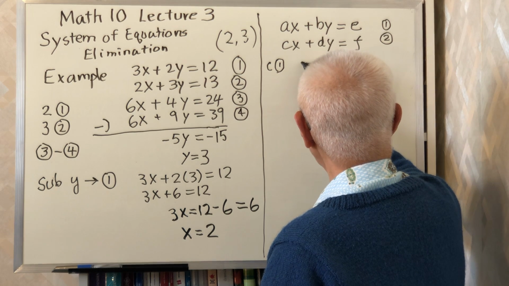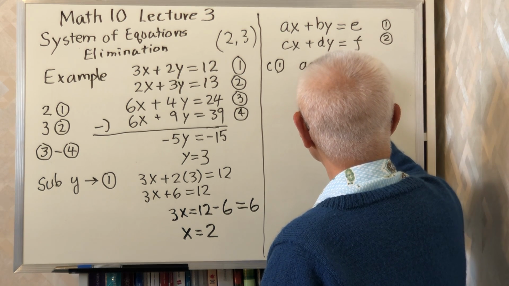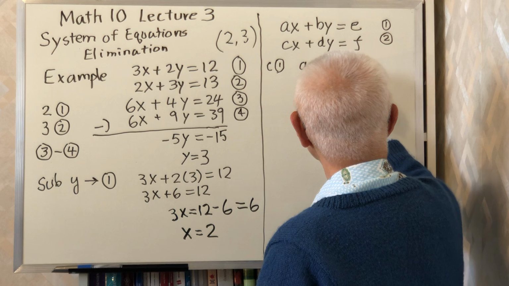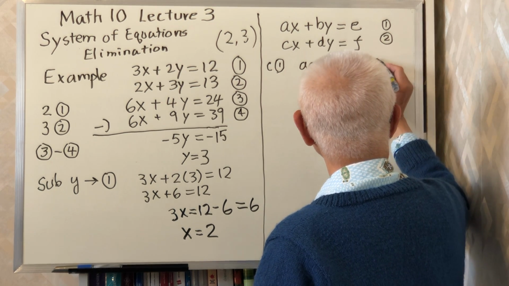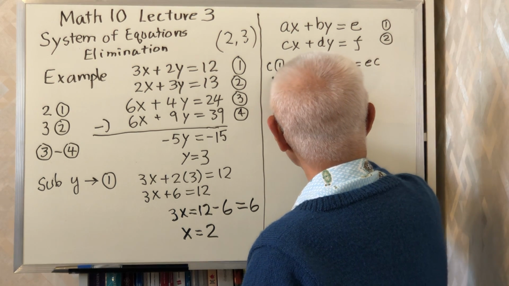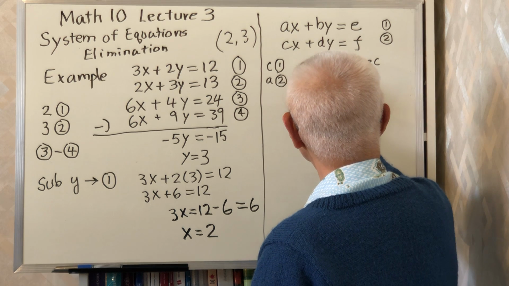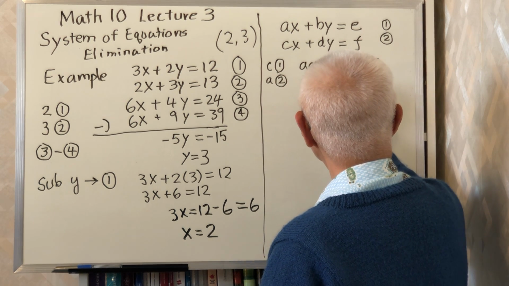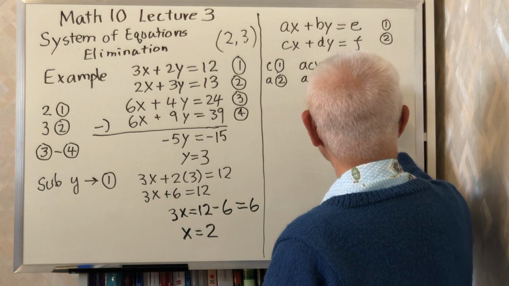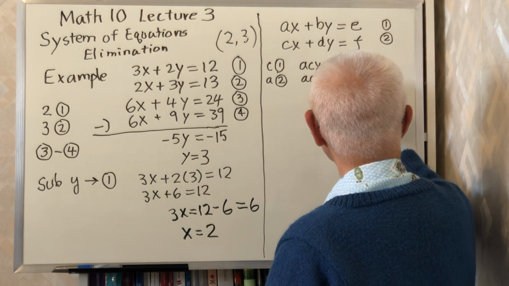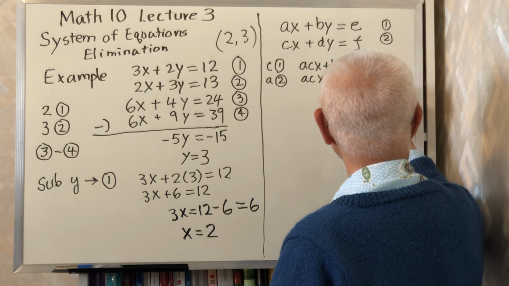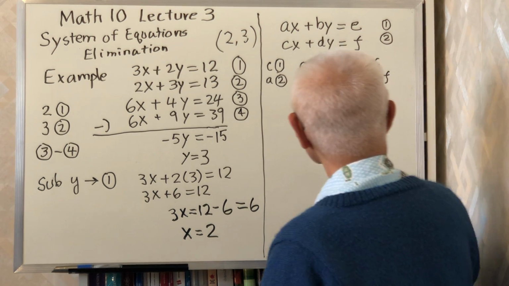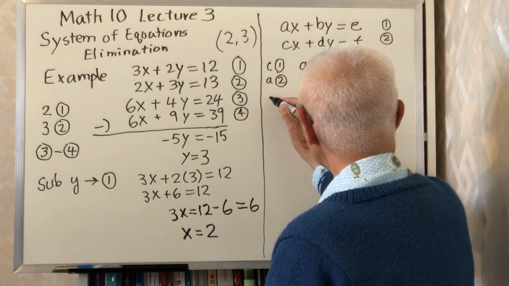C times number 1 and A times number 2, and then I subtract.